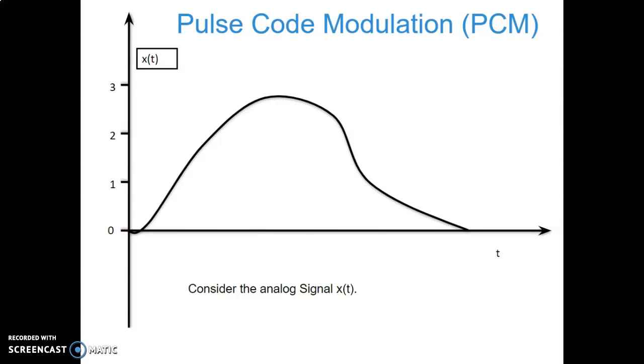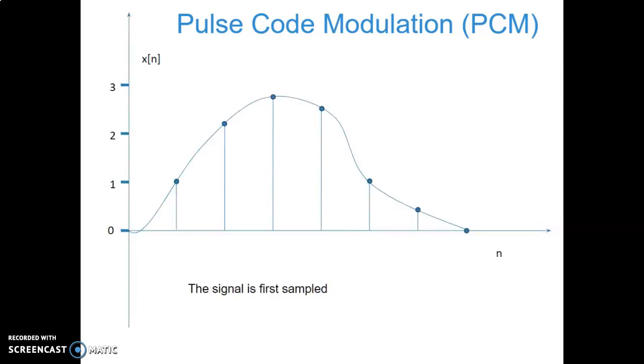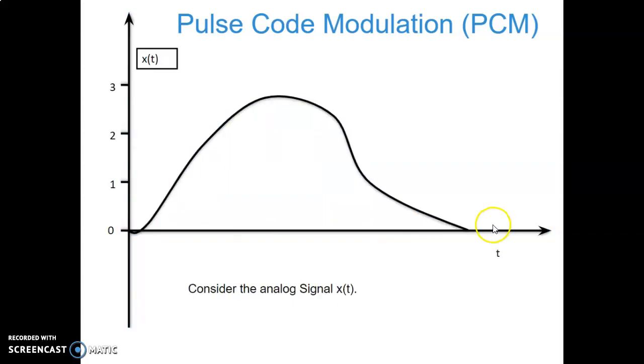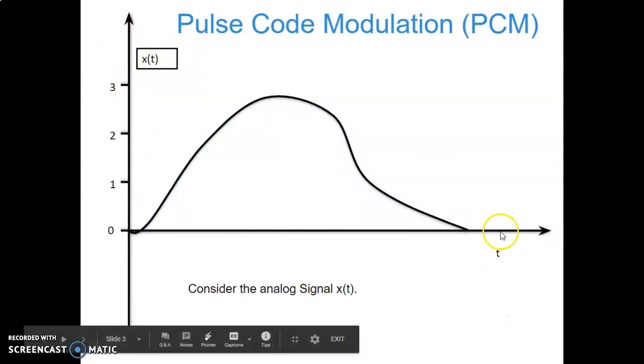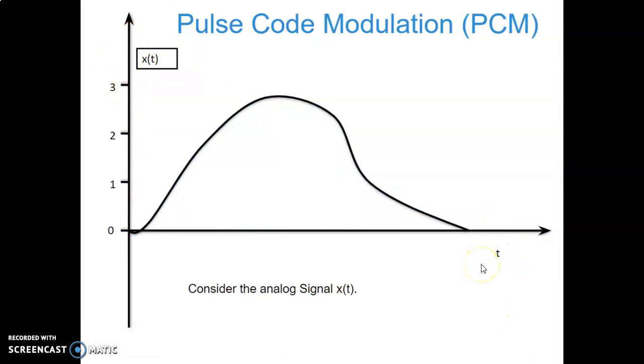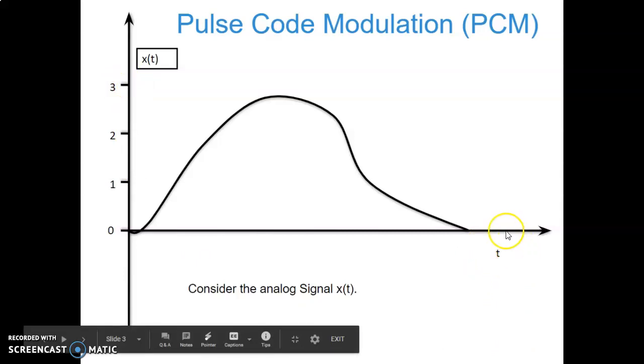So consider any analog signal of any nature which looks like this. See the axis: here it is the time domain axis, and x of t is the representation of the signal.